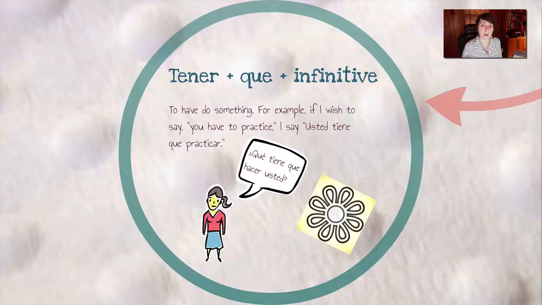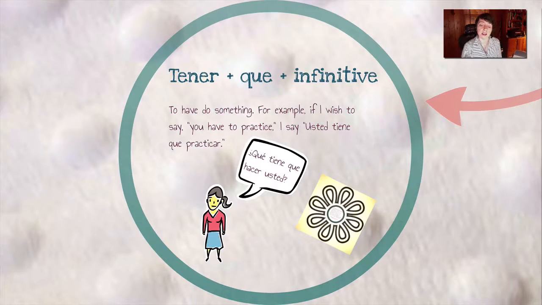There are many helper verbs, but tener plus que means to have to do something. For example, if I want to say, you have to practice, I would say, usted tiene que practicar. So let's try to put that in our school context.